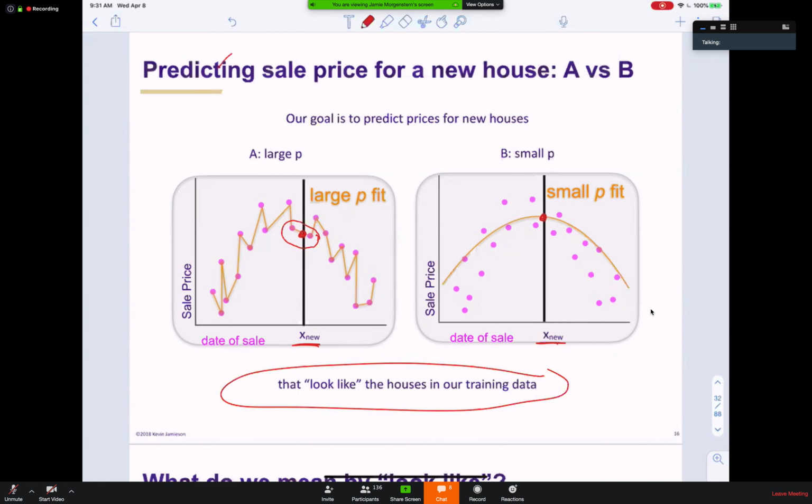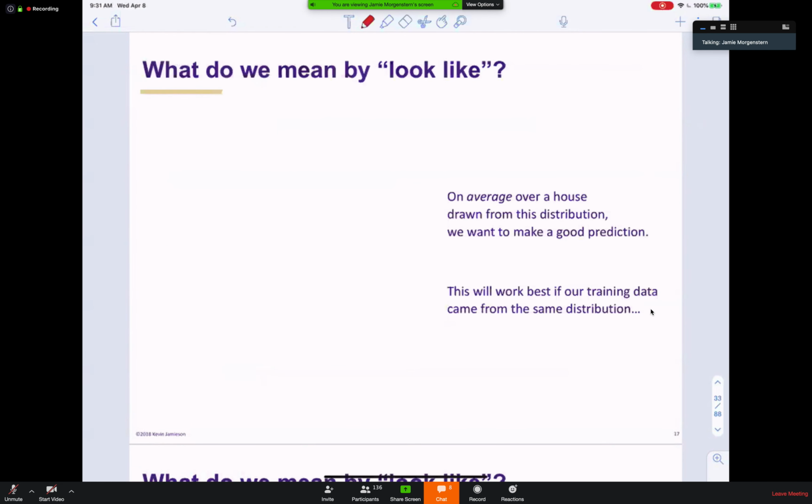But to be a bit more formal, what do we mean by look like? What do we mean that we want the houses we're making predictions on to look like our training data, and that the goal for the model we're picking is that it will do a good job predicting on those new houses that look like our training data?